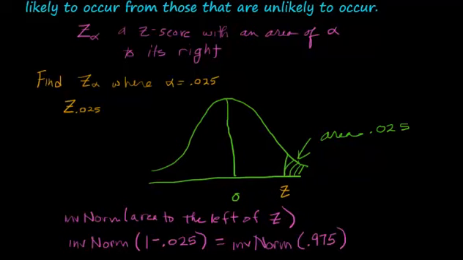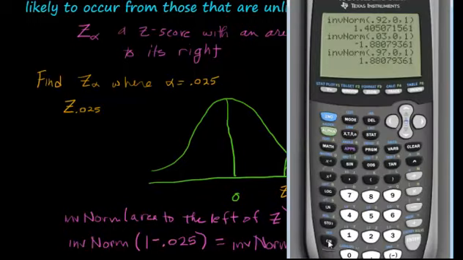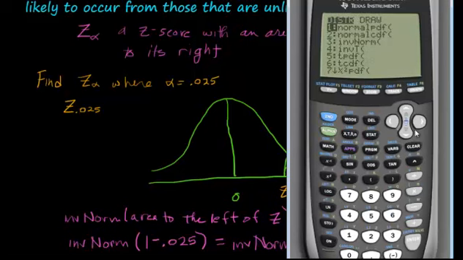Okay, so let me pull up my calculator, and again we're going to our distribution list. These are our distributions. Go to inverse norm, and I'm going to put in 0.975, or if yours just pulls up a parenthesis after inverse norm and it's ready for you to enter the area, you can enter this.